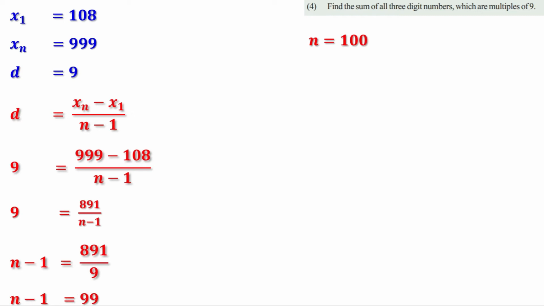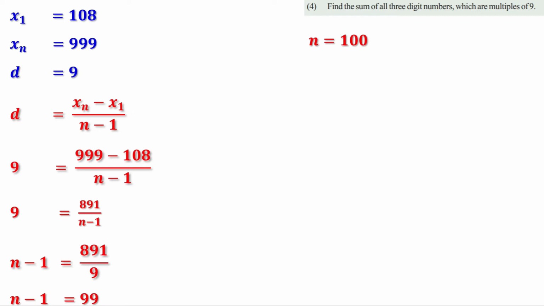Another way to find the number of terms is, here 999 is 111 into 9. That is the 111th multiple of 9. Now what about 108? It is the 12th multiple of 9. That is 12 into 9. That means there are 11 multiples of 9 which are either 2 digits or 1 digit.